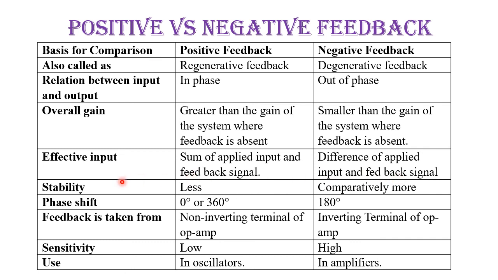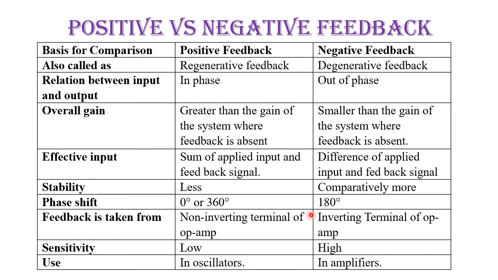Okay, and the stability of the positive feedback is comparatively lesser than the negative feedback, whereas in negative feedback the stability is higher. Okay, and here in positive feedback the phase shift can be either 0 degree or 360 degree. Okay, normally it is in phase.